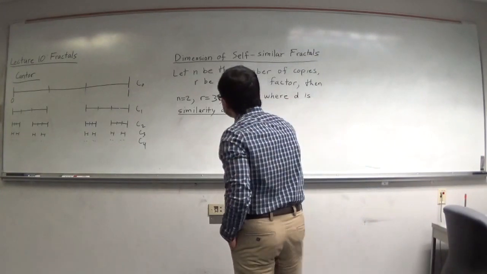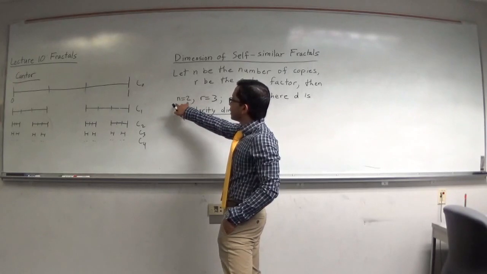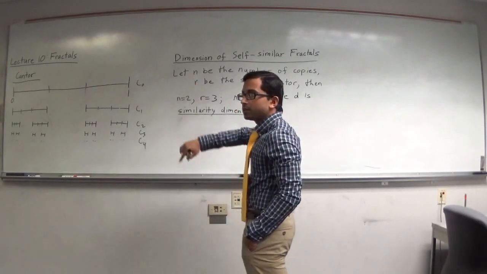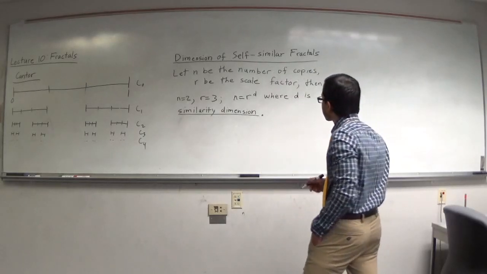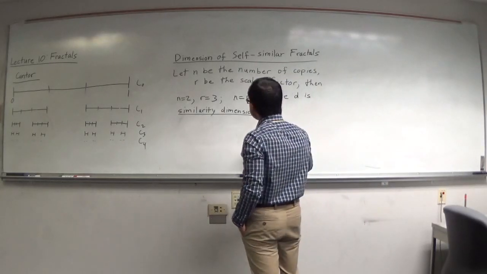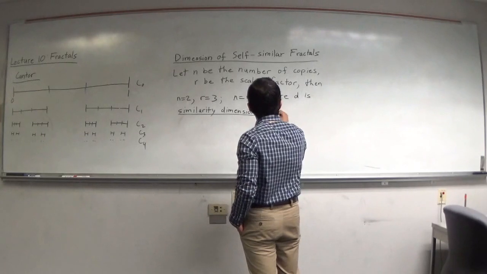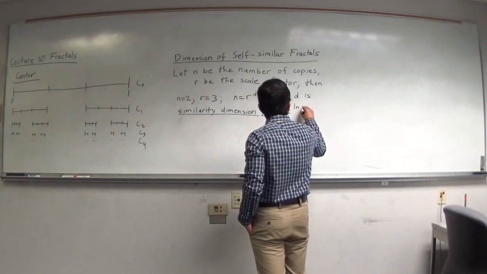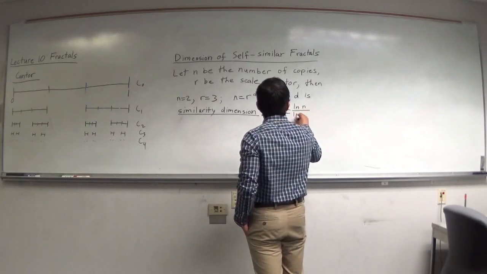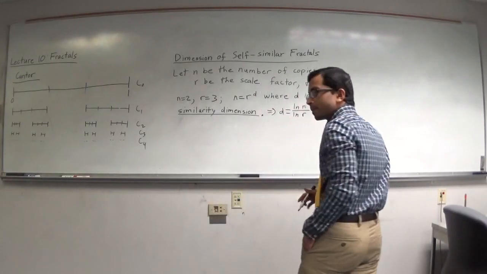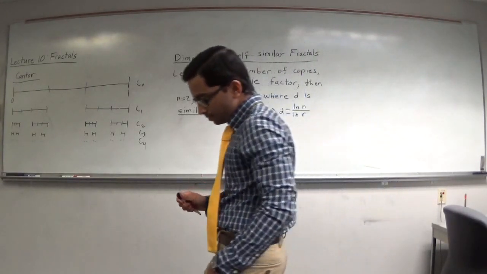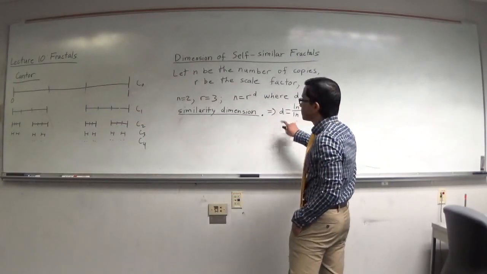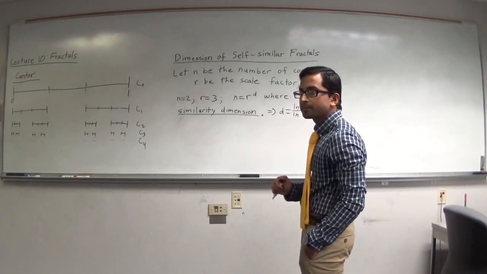For the Cantor set, we're going to get something that's less than 1 dimension, but greater than 0 dimensions. So D is going to equal ln n over ln r. That's how we calculate the self-similarity dimension.